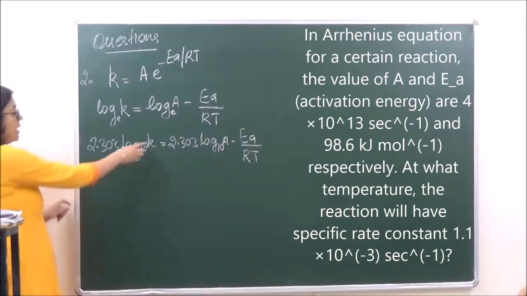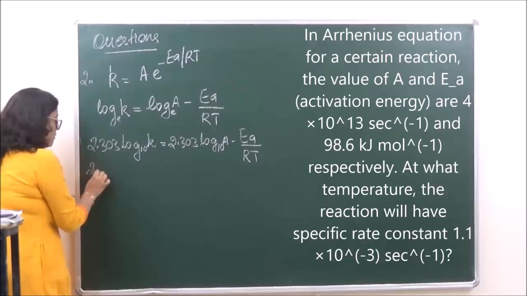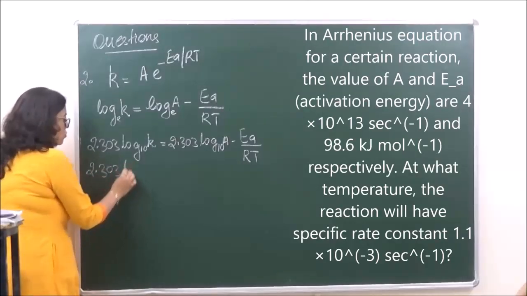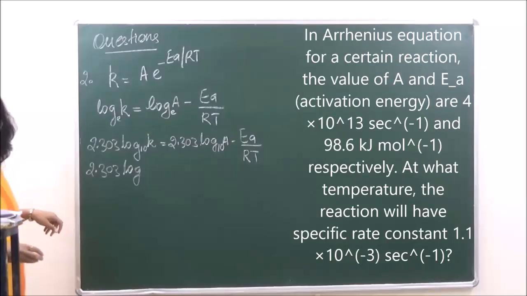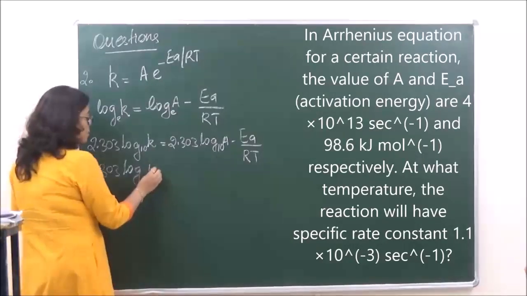The log of K, let's put the value, we have 2.303 log of K. The value of K given to us is 1.1 into 10 raised to power minus 3.